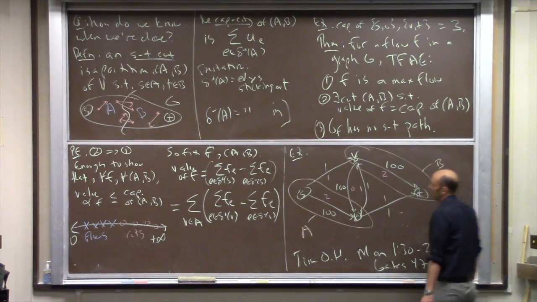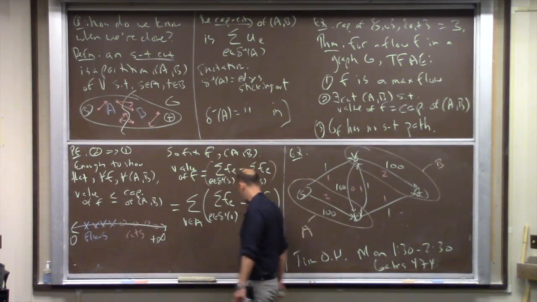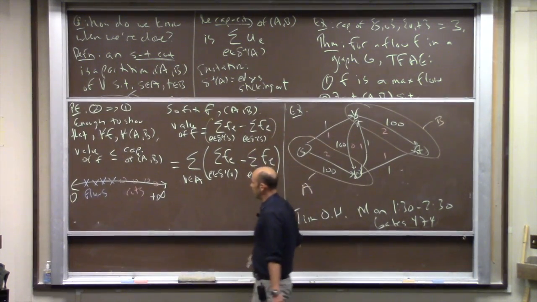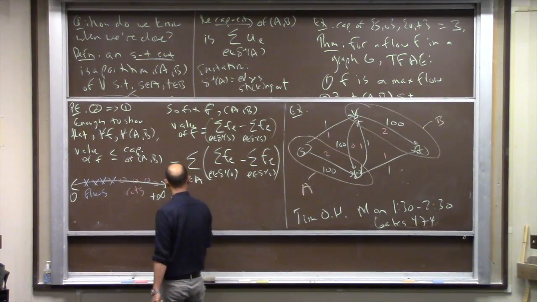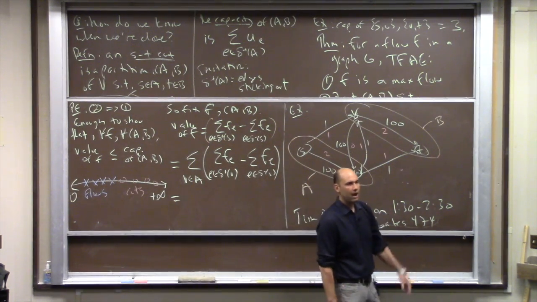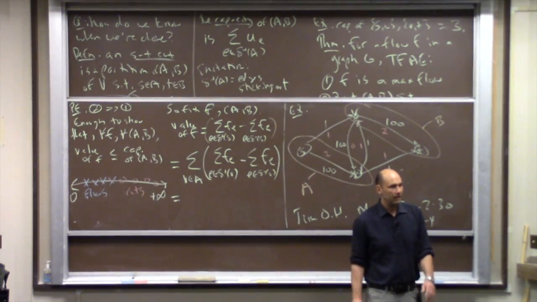All right, so now we have to somehow relate this to the capacity of this cut AB, and the way to do that is to think about this double summation in a different way. This is very vertex-centric, the way we've written it right now. But imagine we adopt the perspective of an edge instead.